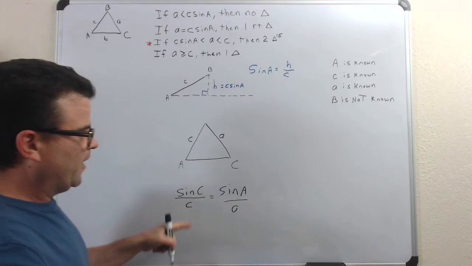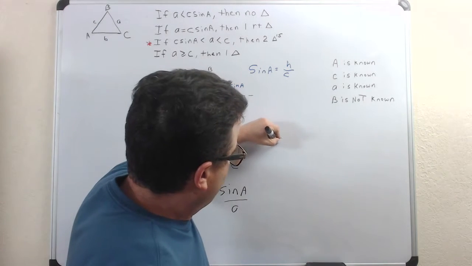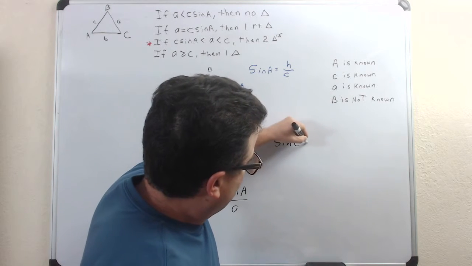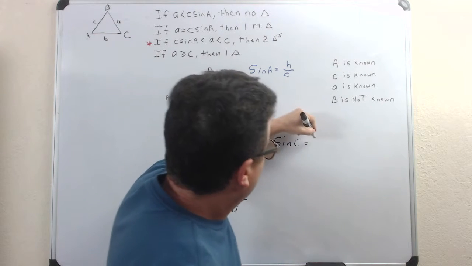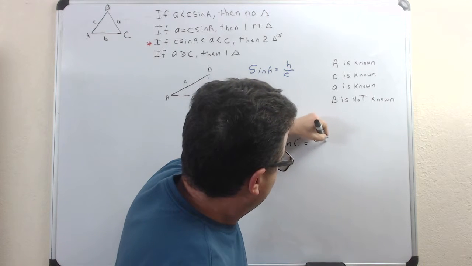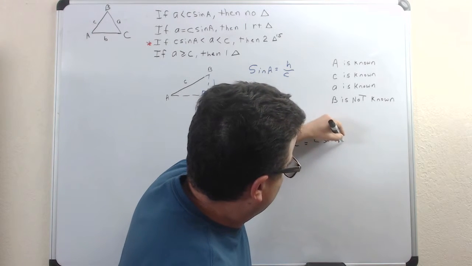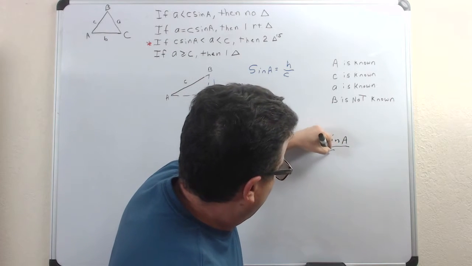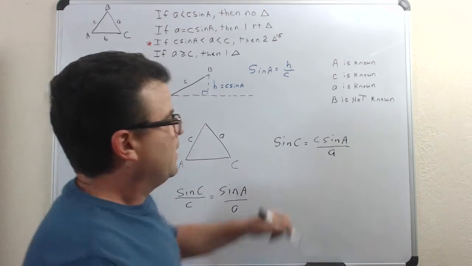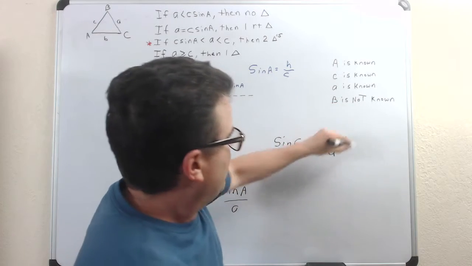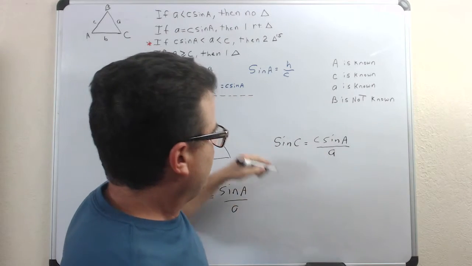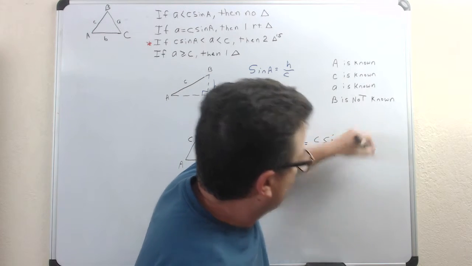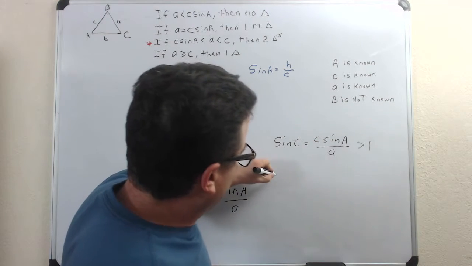And then we'd solve for sine C. So sine C equals c sine A over a. Now we look at this, and if this expression is greater than 1, then no triangle exists.